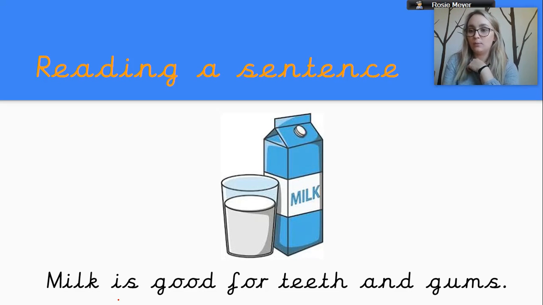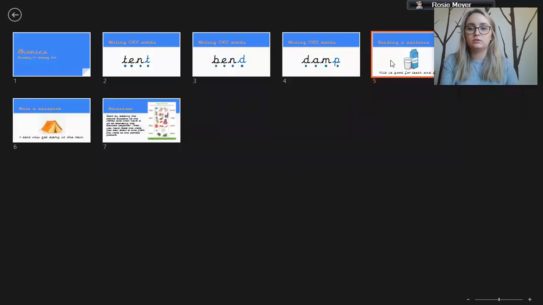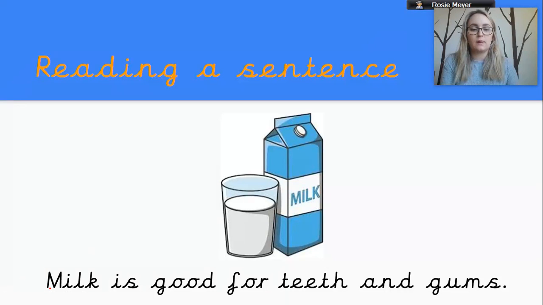When you have copied it down, what we're going to be looking at is adding our sound buttons onto the words in this sentence, and then reading our sentence. Okay, so the first word we've got, we need to add our sound buttons to the word at the bottom.